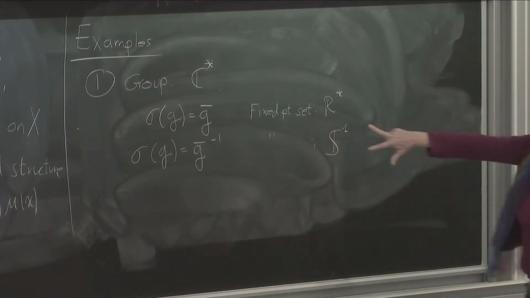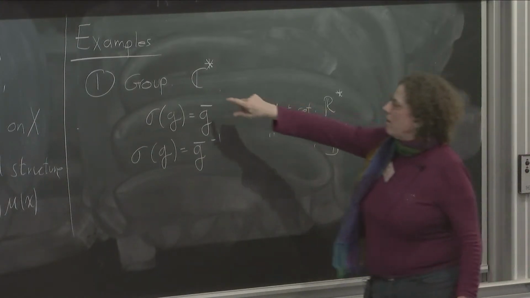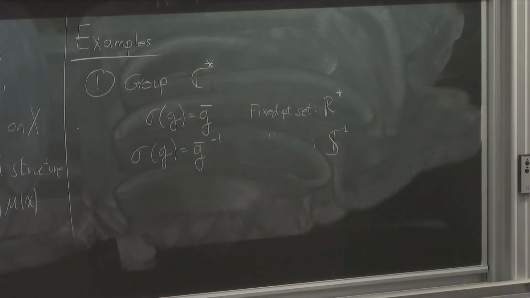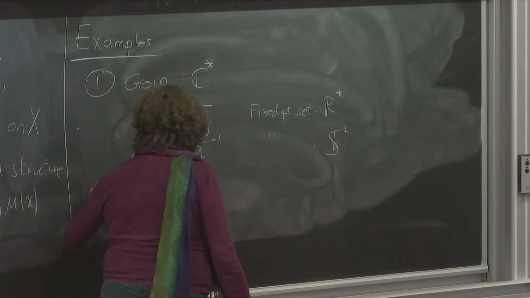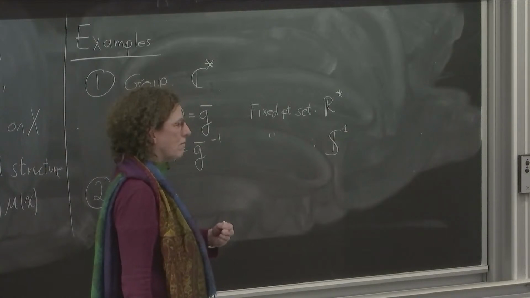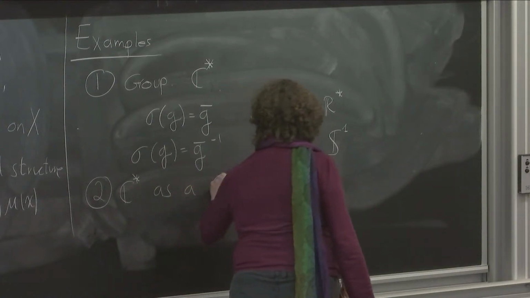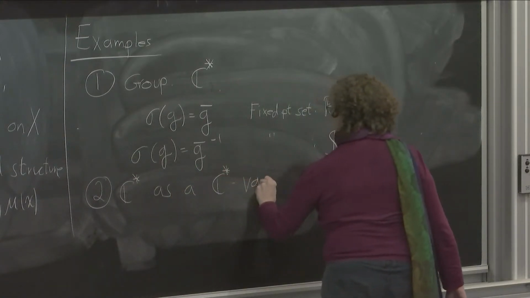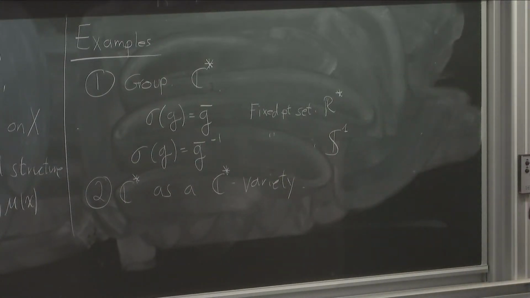So it's easy to see that they're different. It's also very easy to check that every real structure on C star is one of these. But I wanted to say this because now I can look at C star not as a group, but as a homogeneous space for C star. I don't call it a group, I call it now just a variety that has an action of C star.